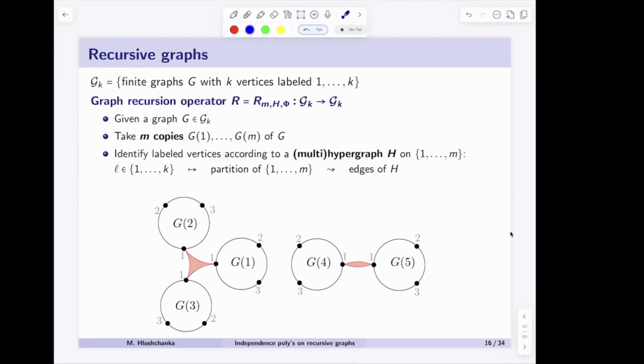Basically, in this case, I have the partition that corresponds to {1, 2, 3} and {4, 5}. I think of each set of this partition as being a hyperedge in my hypergraph, capital H. Each of these sets tells me that I should join the vertices labeled 1 in copies 1, 2, and 3. And here I should also join the vertices labeled 1 in copies 4 and 5 when I build the next iteration.